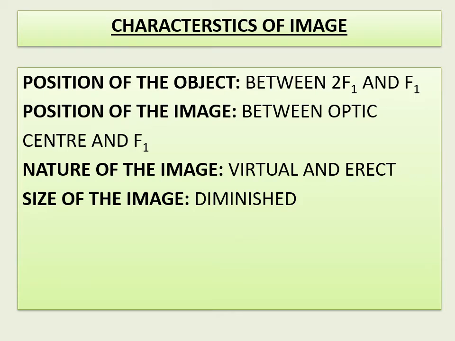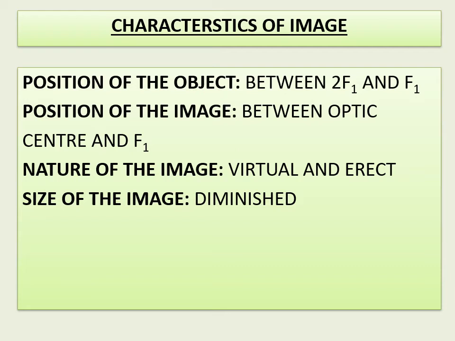So position of the image formed is between optic center and F1 here, or if you take the other condition, wherever you take the position of the object, the image will always be between optic center and focus only. And always the nature of the image is virtual and erect, and size of the image will be diminished.